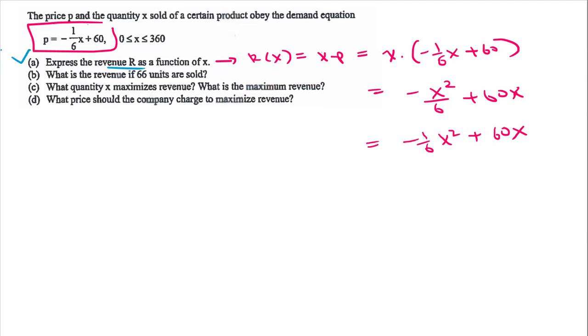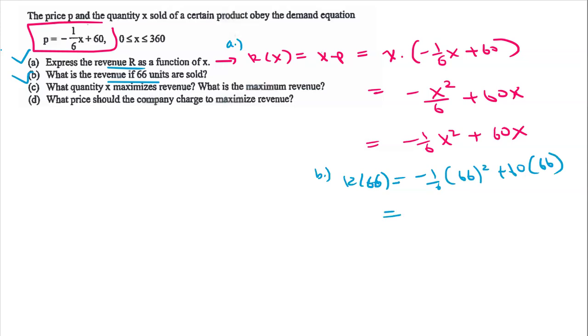All right, so now part B. Part B says, what is the revenue if 66 units are sold? Well, we're just going to plug in our value. So for part B, we're going to plug in 66. So negative 16 times 66 squared plus 60 times 66.